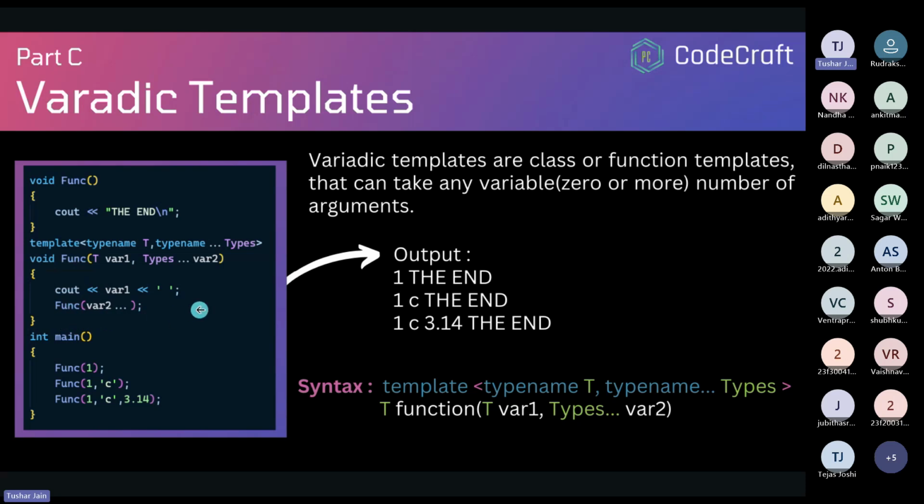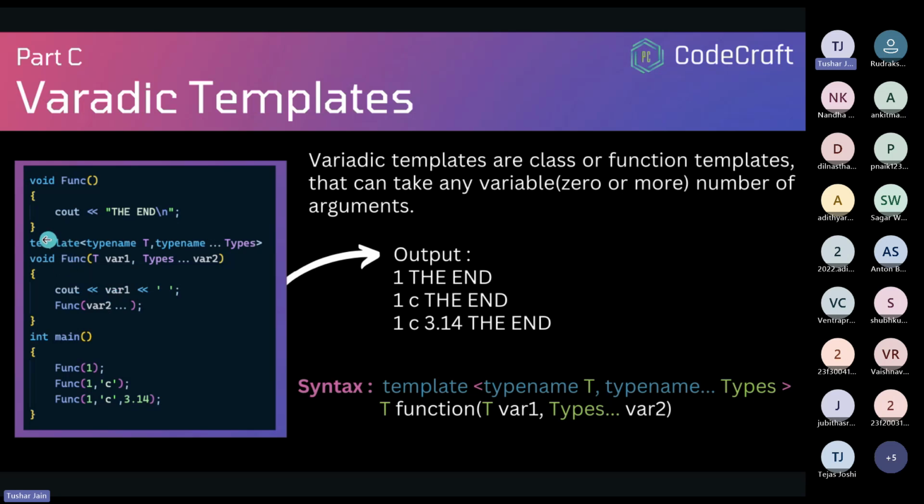Now what it does is it goes through the function as a loop. Let's say there is only one here. So func 1, and then this part is empty. So it prints 1, and then func, and this particular part is empty here.